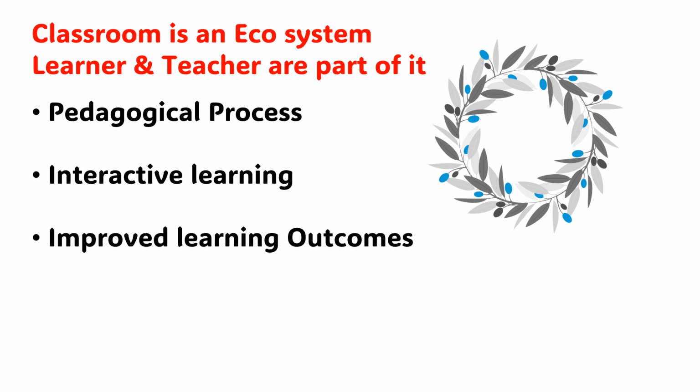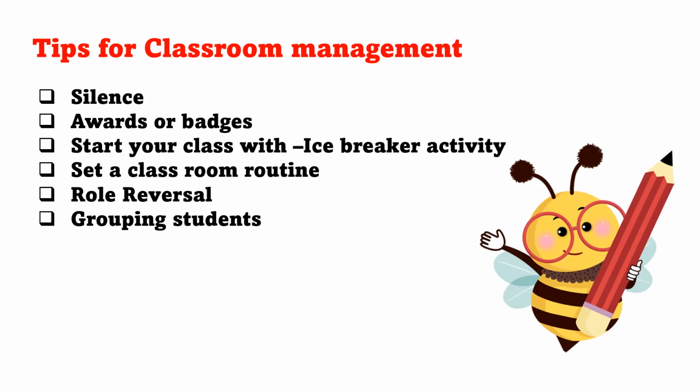So for interactive learning and reaching the learning outcome, the ecosystem of the classroom is very essential. The pedagogical process means that learning is the process of acquiring knowledge and skills through instruction and interaction in an educational context.